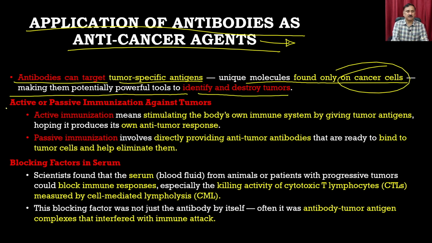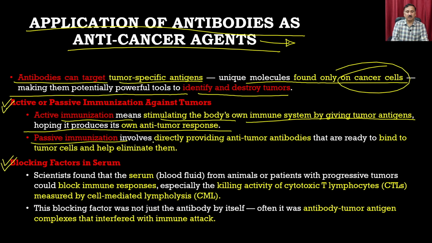You can use active or passive immunization, or you can use blocking factors in the serum. Active immunization means stimulating the body's own immune system by giving a tumor antigen, hoping it produces a tumor response. Or passive immunization, where you directly provide anti-tumor antibodies that are ready to bind to the tumor cells and help eliminate them.